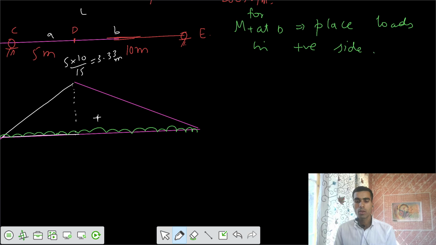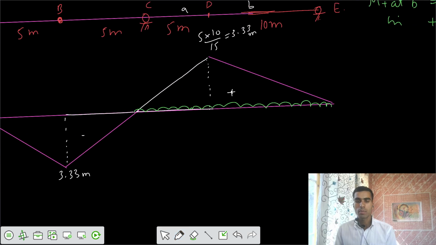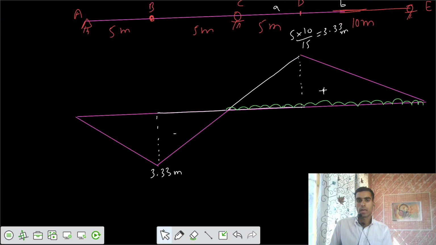If you kept those loads on the negative side, they have to be subtracted so that the net value would be lesser. So you need to keep the loads only on the positive side of that ILD for moment at D.